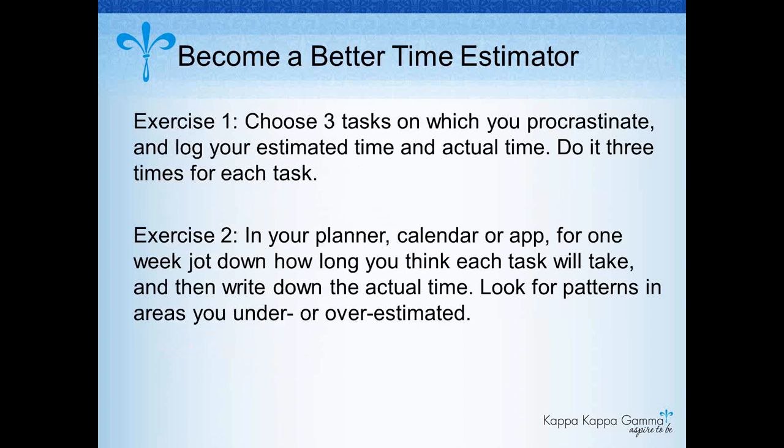So that's one exercise. And another one is similar, related. If you're using a planner or a calendar or an app, for one week, jot down how long you think each task will take, and then write down the actual time. So again, look for patterns in areas you underestimated or overestimated.